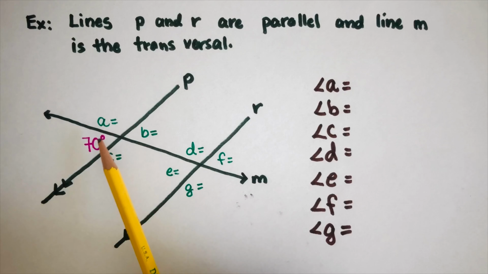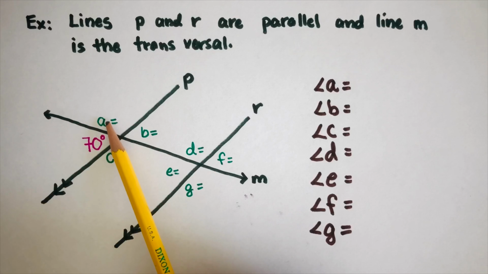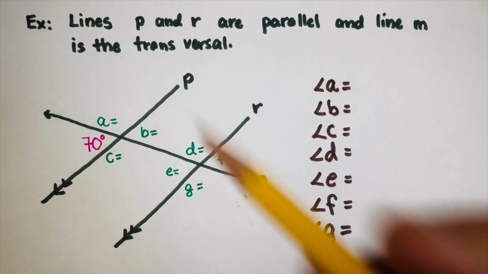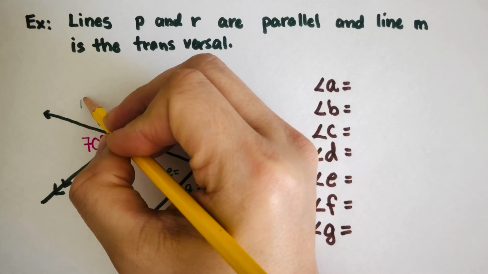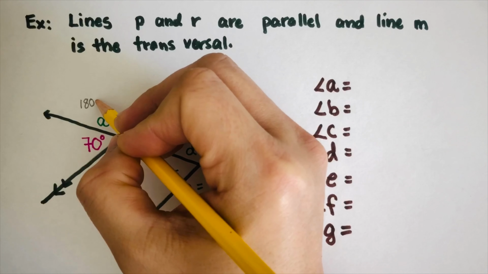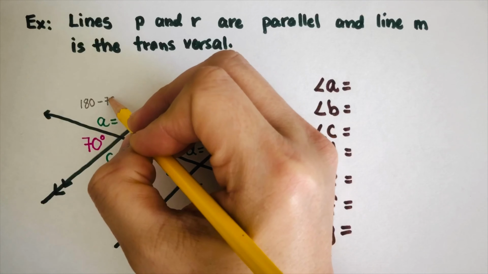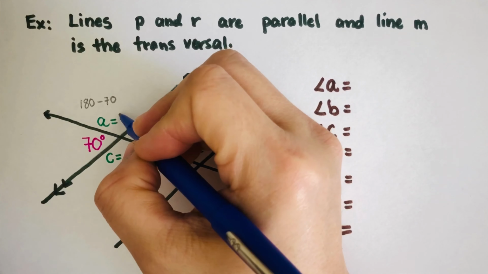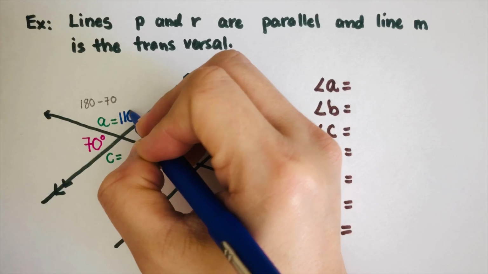Okay, let's find A first. To find A, these two are supplementary angles. Remember, supplementary angles add up to 180 degrees. So I am going to subtract this 70 from 180, and that is the answer right here. 180 take away 70 is 110 degrees.